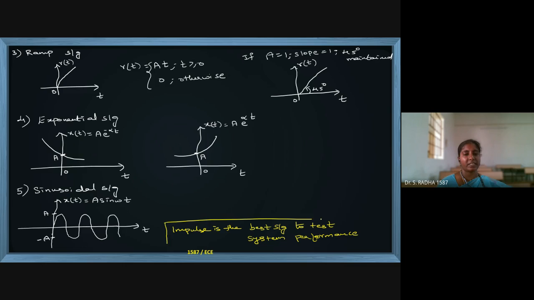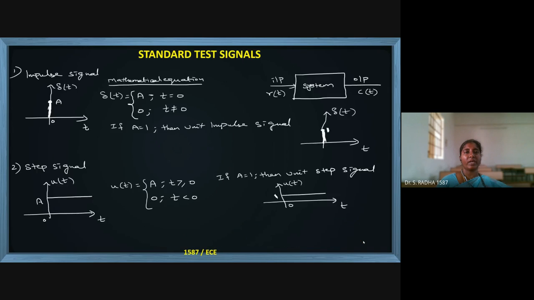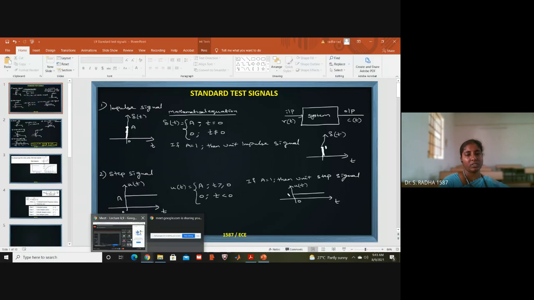Any transform you apply, Z transform, Fourier transform, Laplace transform, the value is 1, which means that if you give input as del of t, it will not affect the rest of the system. So you can just check whether the output is coming correctly or not. So the impulse signal is the best signal to check system performance.